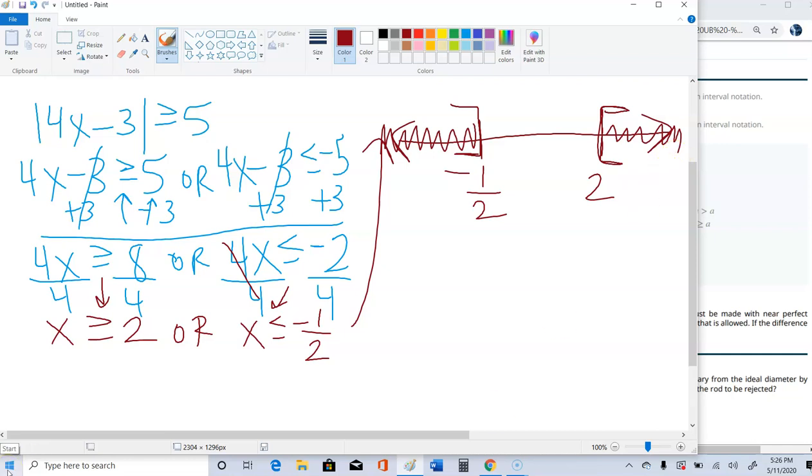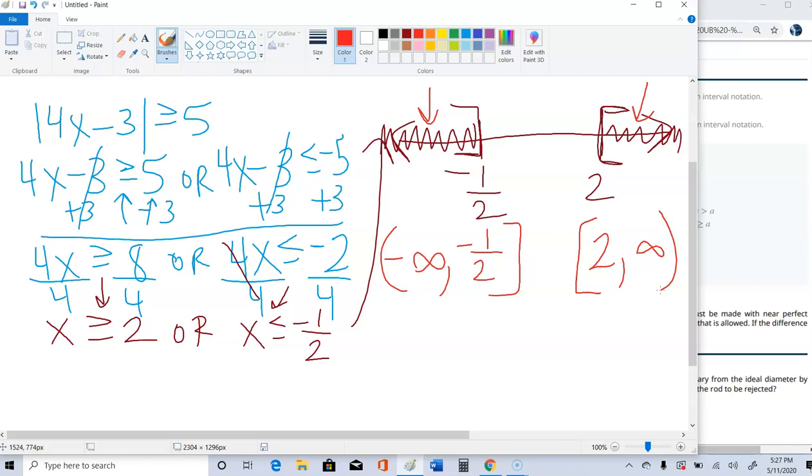Now the keyword "or" means you include everything. So we have to include both intervals in our interval notation answer. This particular interval is coming from negative infinity, stopping at negative 1/2, brackets. This interval on the right is starting at 2, brackets, and it's going toward positive forever, positive infinity.